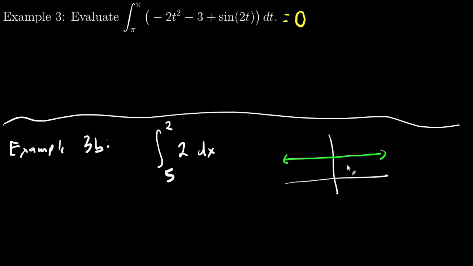If I go from 5 to 2, I have a limit here at 5, a limit here at 2, and I end up getting this rectangular region that's above the x-axis. And so I know that the integral from 2 to 5, going lower limit, upper limit, of 2 dx, is going to be the area of this, which is a 3 by 2 rectangle, which is 6. But since I'm not going from 2 to 5, I'm going from 5 to 2, this integral will be negative 6.